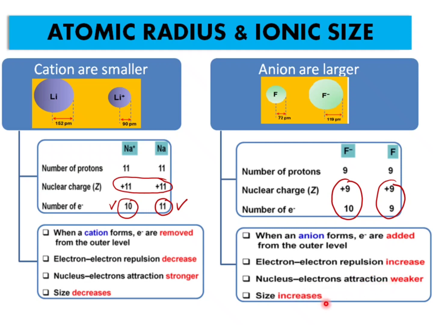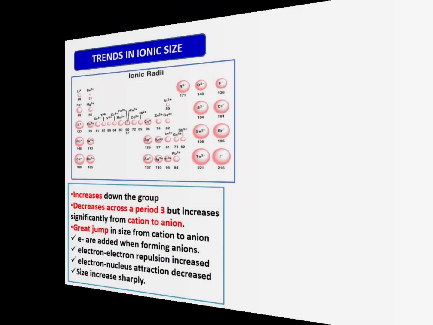That's why the size of an anion becomes larger. Boleh nampak beza antara cation dengan anion. So this is the point when you want to explain about anion and cation.